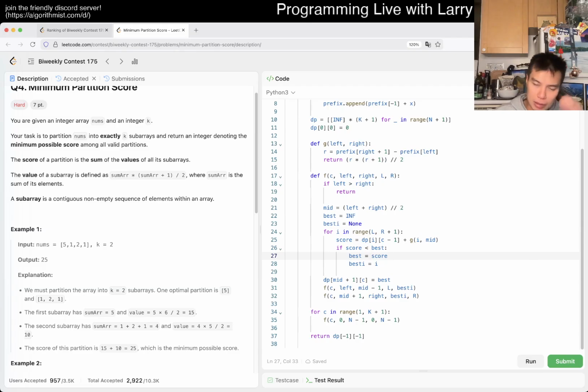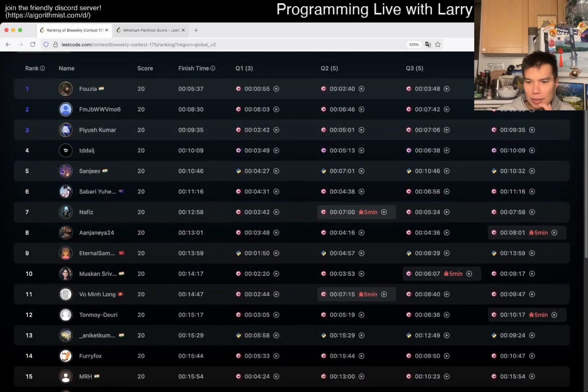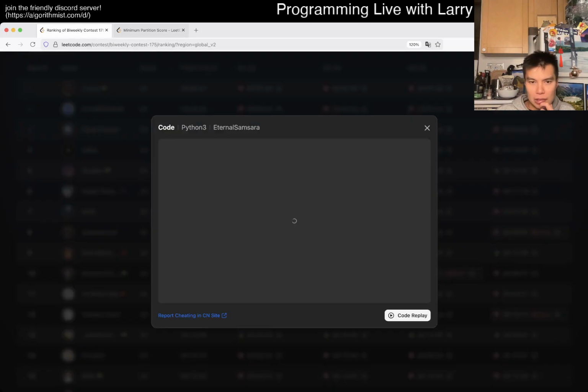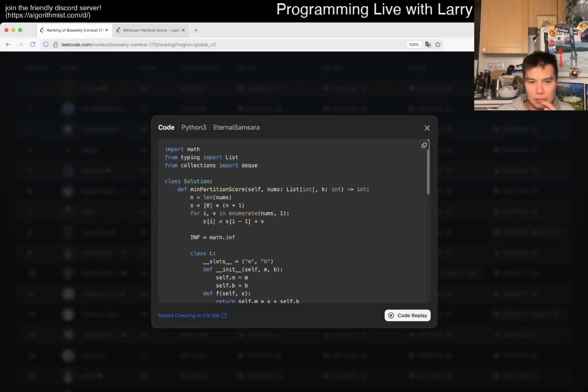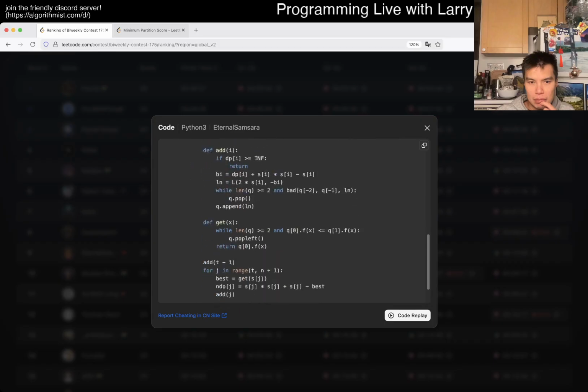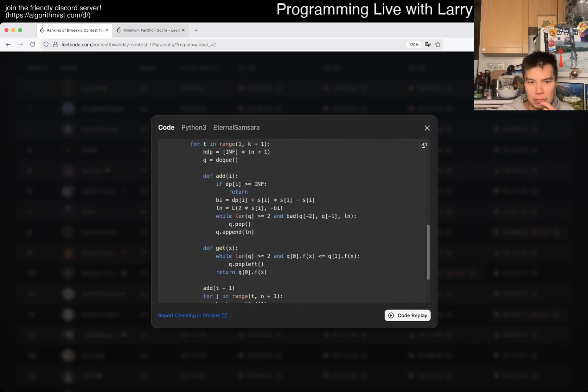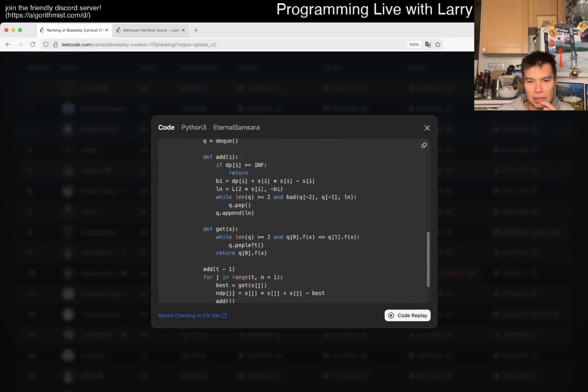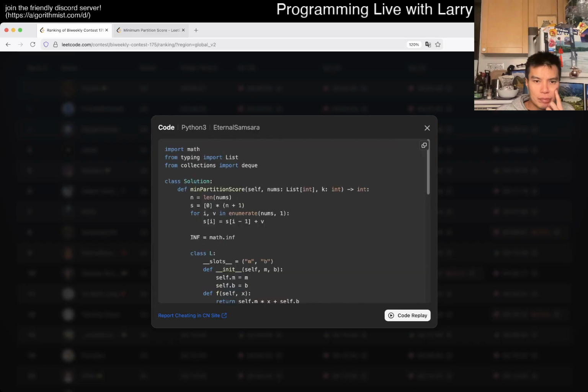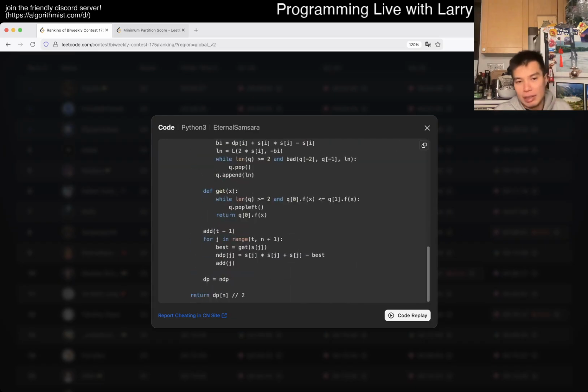I mean, it's fine. I do wonder if anyone did it with Convex Hull. I mean, this is Convex Hull clearly, right? But I couldn't. I mean, yeah, I just haven't done it in a long time.